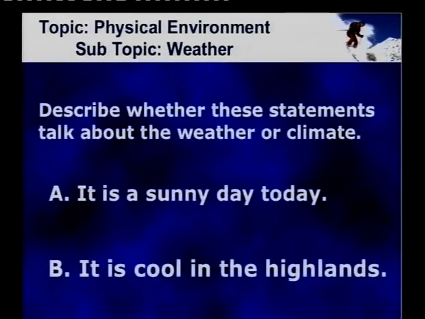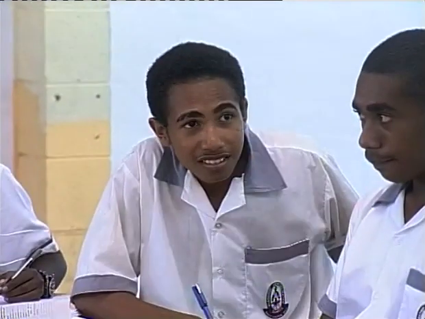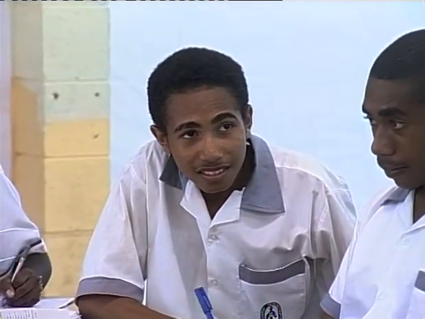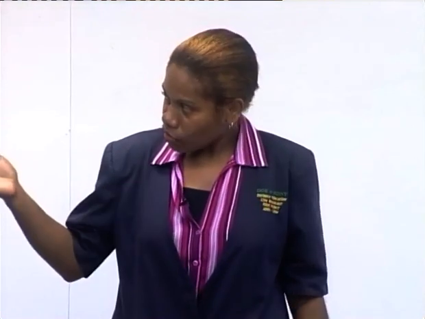All right, Emmanuel. Weather is the day-to-day amounts of rainfall, cloud, sunshine, and temperature. All right. Okay, weather is the day-to-day amount of rainfall, wind, sunshine. So this statement is talking about today, right?